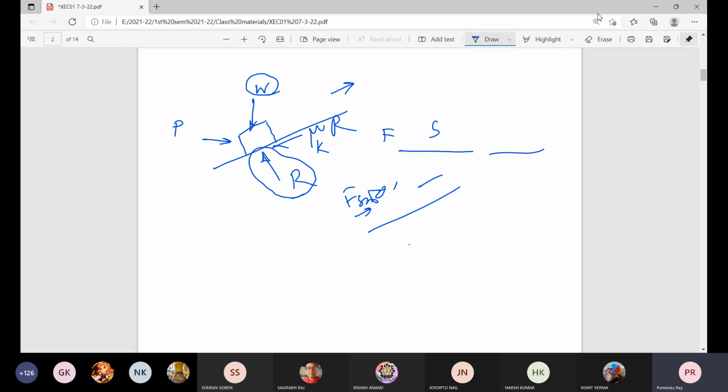So what about the work done by W or work done by this R? In these two cases, as well as for the second case, work done by this one and component of this P there.